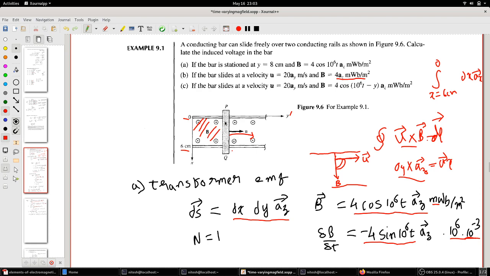So the b direction will have to be going into the book, so that it opposes this b which is coming out towards us. To create that field, I'll have to have a direction of I in this direction, which is the same as your u cross b, whatever we had used, right? That is the fundamental. So Lenz's law holds true for this, and is in conformation with whatever formula we had. Then the same thing applies in the third case.